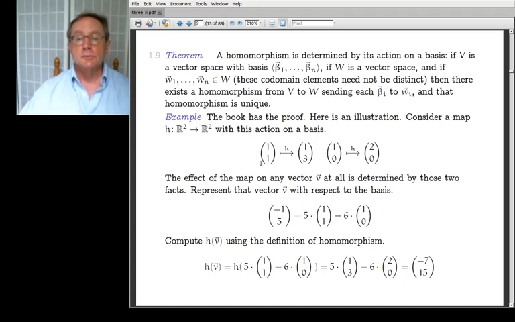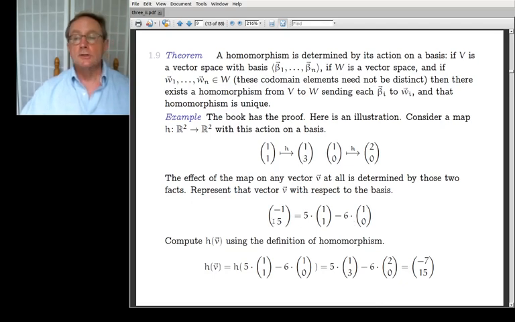First thing I do is express (-1, 5) as a combination of basis vectors. That is to say, I represent (-1, 5) with respect to the given basis. The given basis here is (1, 1), (1, 0). It turns out when you do the Gauss's method arithmetic, or maybe you're good at this and can see the answer, that it's 5 times the first minus 6 times the second.